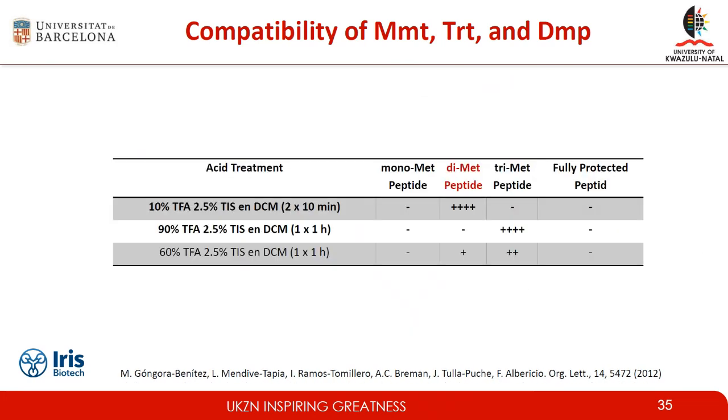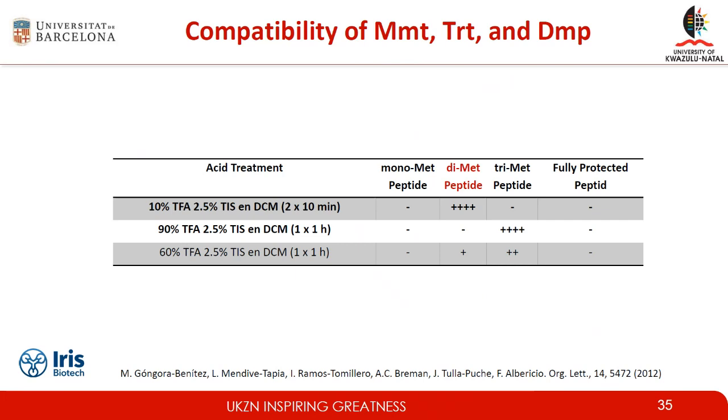Using that, we can see that when we treat our peptide with 10% TFA, we are getting the dimethyl peptide. This means that the MMT and the trityl were removed, and the DPM, diphenyl methyl, was stable. When we are using 90% TFA, we are able to remove all three of them.